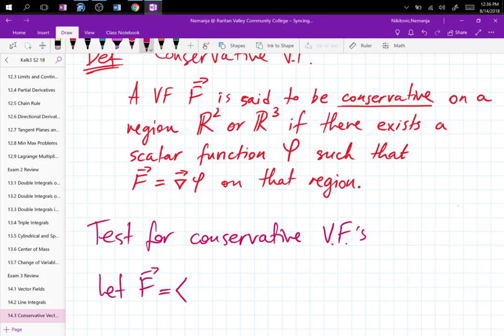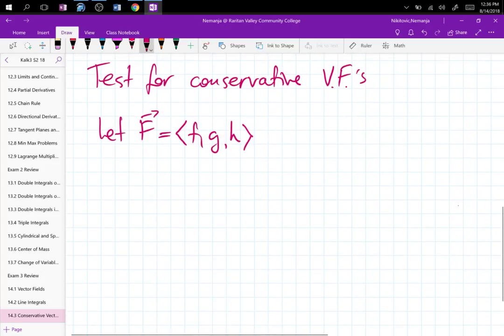Let vector field F be FGH, as we are all used to. Now, we don't actually put f of x, y, z, because this could be for 2D or 3D, so we'll just leave it FGH.